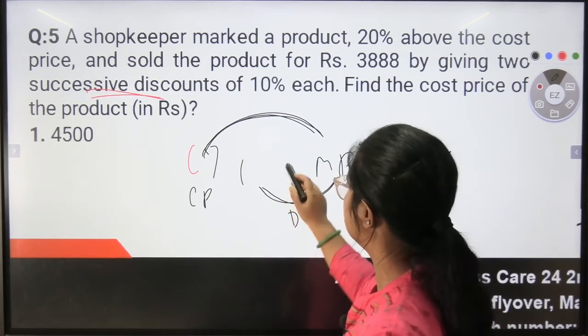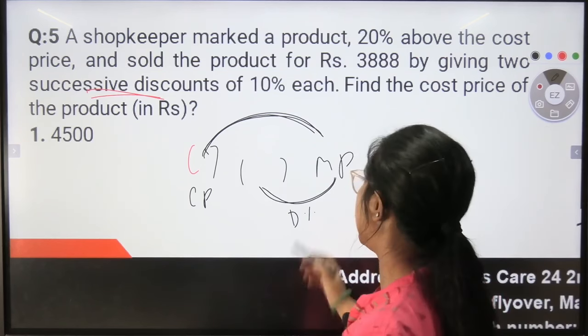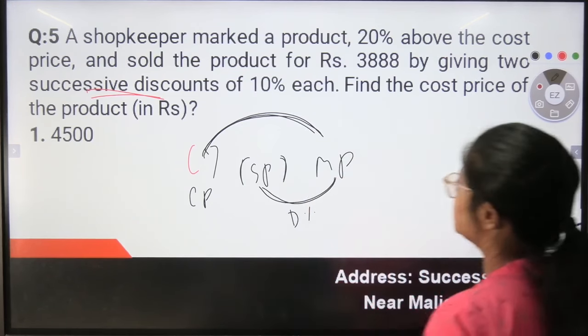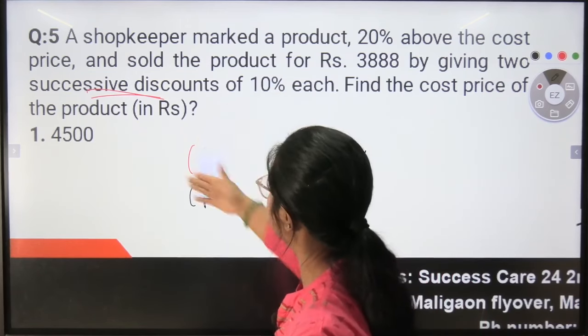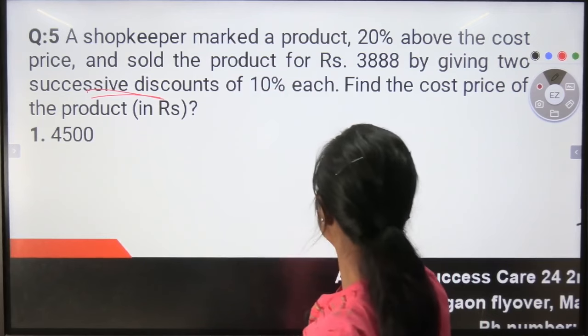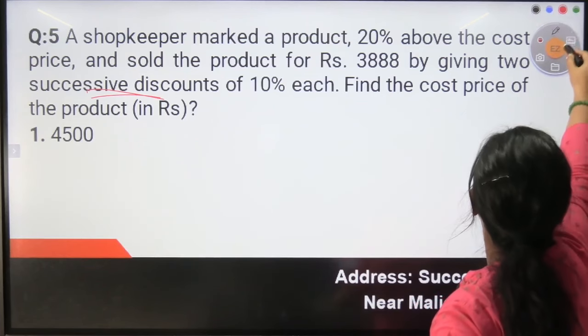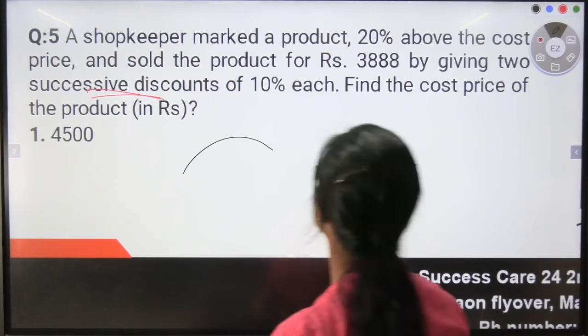After that, at a certain price, he sells the items, and this selling price is known as your SP. So whenever you go to a shop, you will see that the actual value is always increased by some amount.